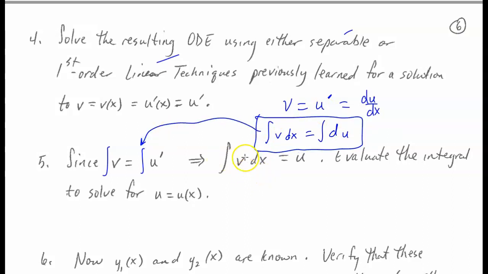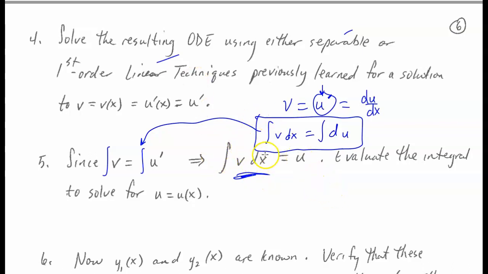And of course, the main thing here is to know that if I know that v is equal to u prime, then I just take the antiderivative of whatever this is to find out what my u is going to be. And that'll be done essentially by taking the antiderivative of whatever v is.